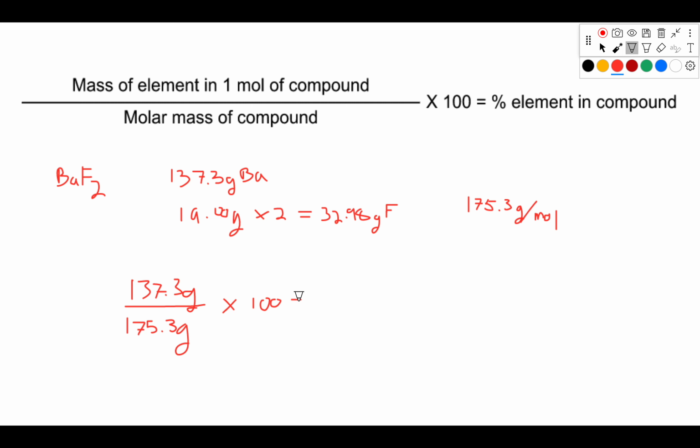And if you do that math, you should come out with about 78.32% barium.